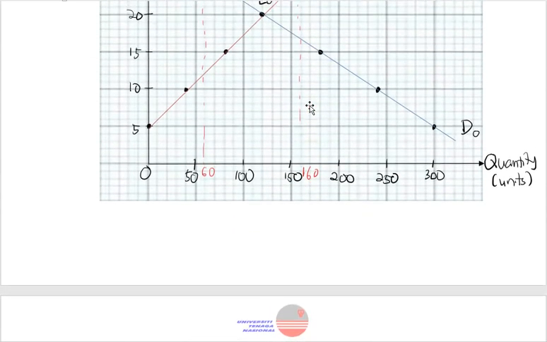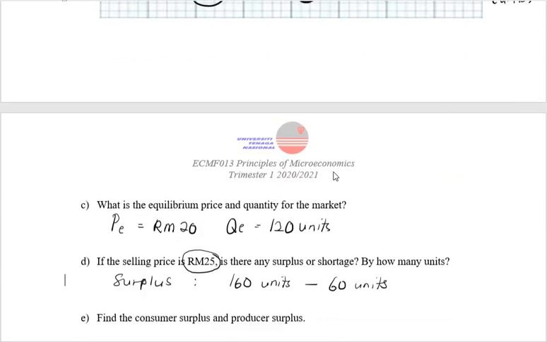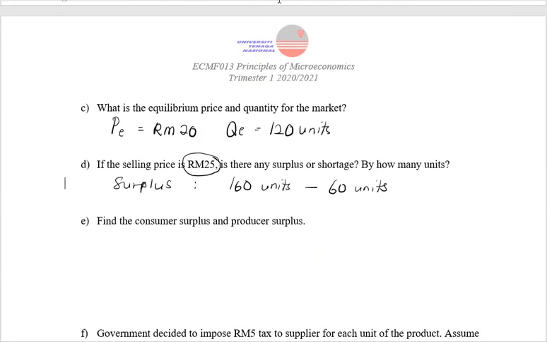So this one minus this one. So you get 100 units. So your answer should be surplus by 100 units. Okay, lebihan sebanyak 100. Okay, sebab harga tinggi.